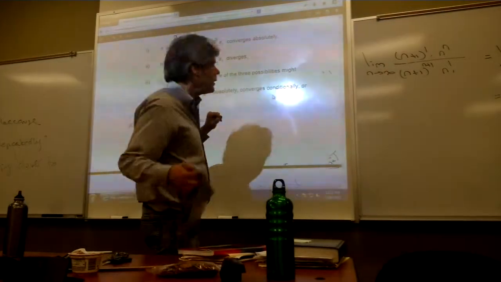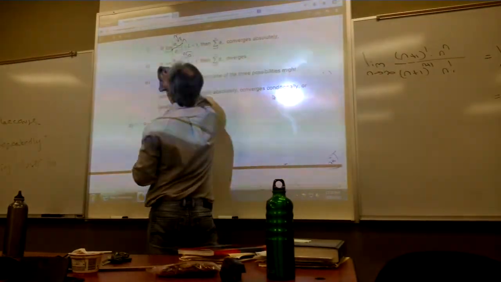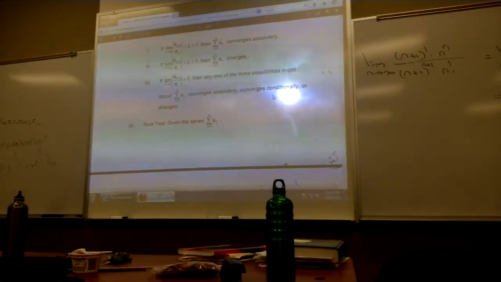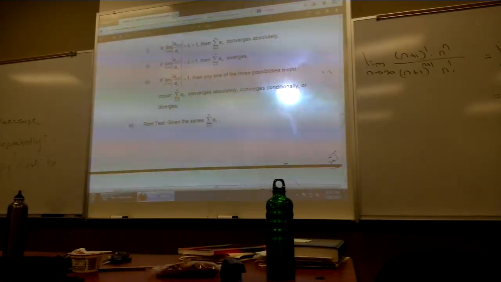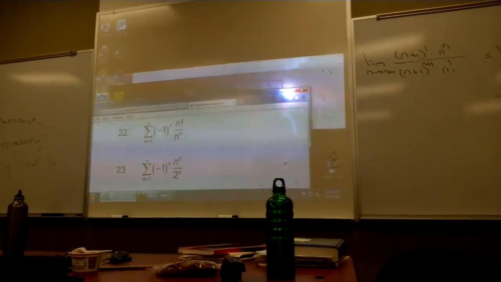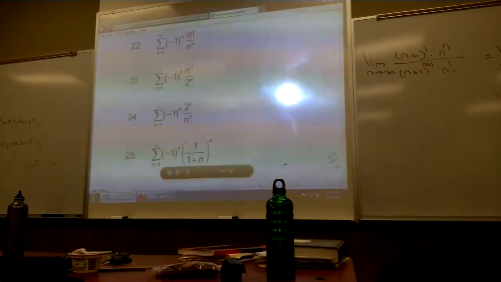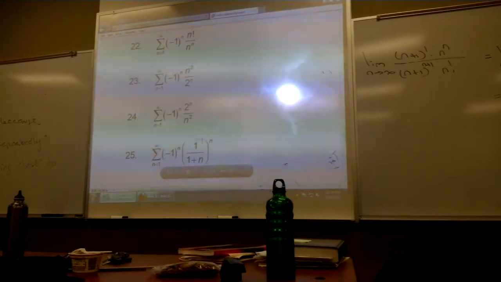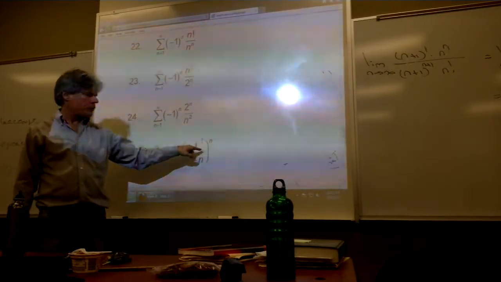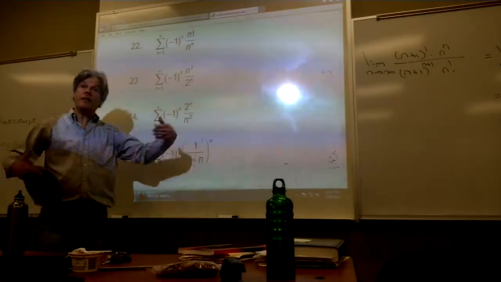In the last few minutes you have in class, I want to go back to the last example, namely question number 25. It screams out at me that I want to employ the nth root, or the root test, because something's being raised to the nth power.